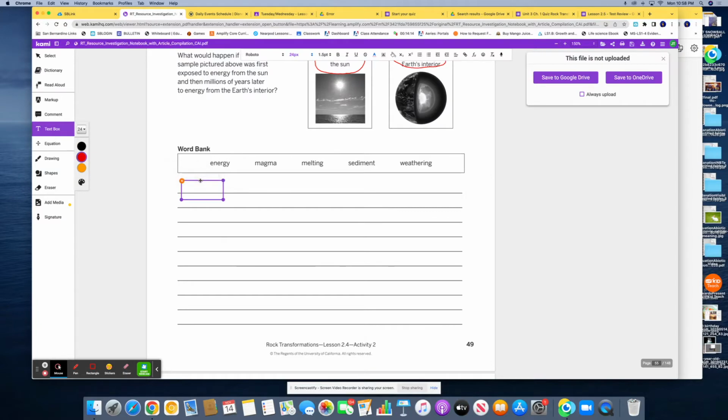And let's type this out. So energy from the sun would cause, actually, you know what I'm going to do? I'm going to make these larger so you guys can see. Energy from the sun would cause weathering to make sediment.